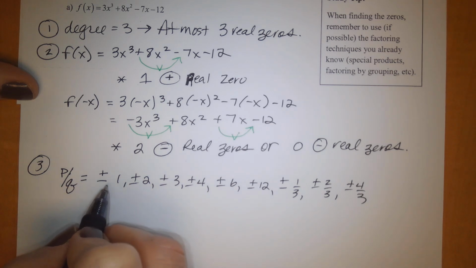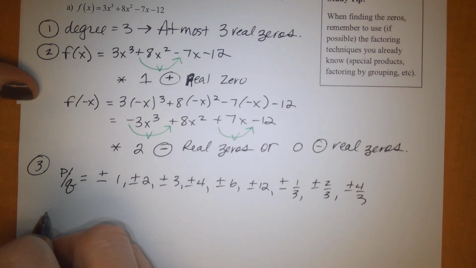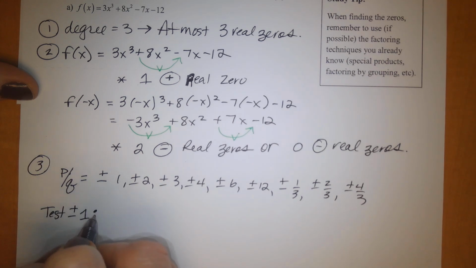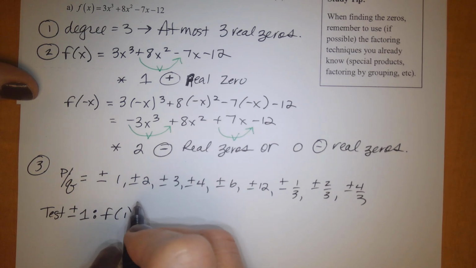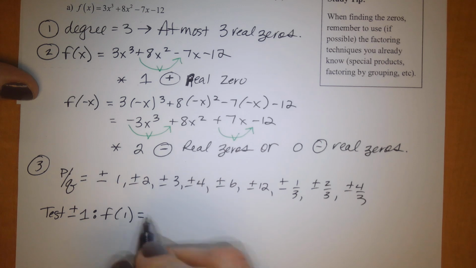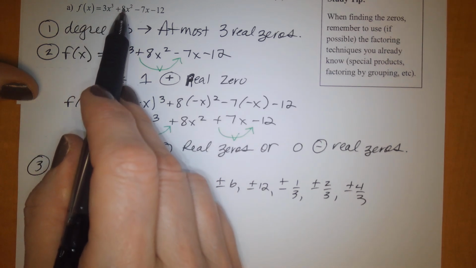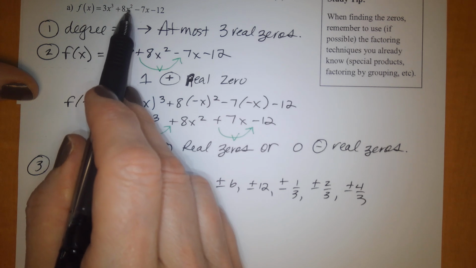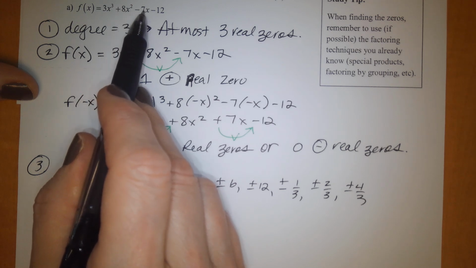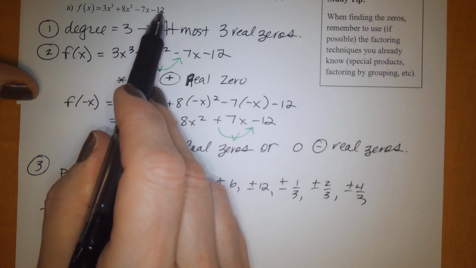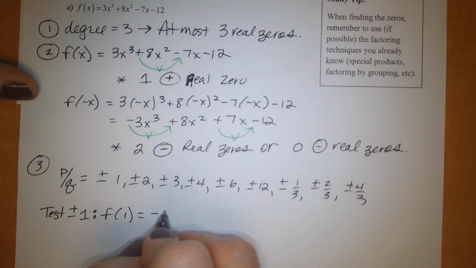So again, in order to determine, for example, if I want to test 1, let's test plus and minus 1 first. Okay, so let's plug in f of 1. If I plug in f of 1 up into this function, 3 times 1 is 3, plus 8 is 11, minus 7 is 4, minus 12 is negative 8.